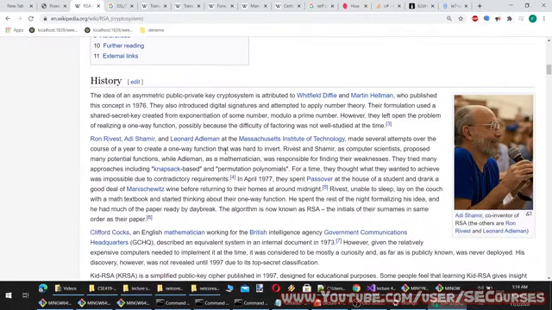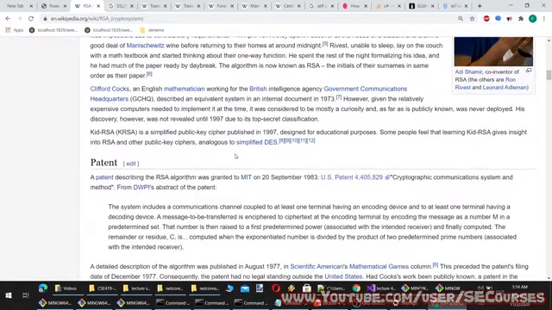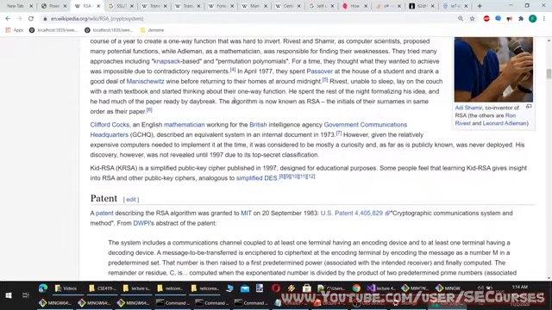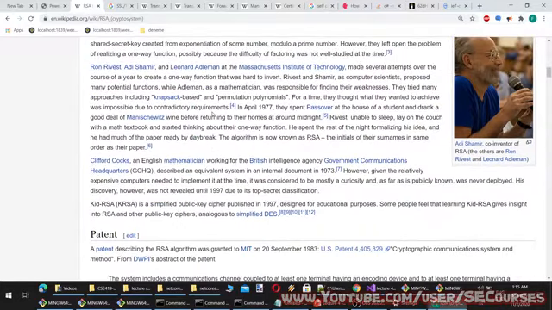Okay, so there is history of it if you want to read. And I would say these guys are geniuses to develop these algorithms, because developing a new algorithm is an extremely hard thing. When you try it, you will know it.